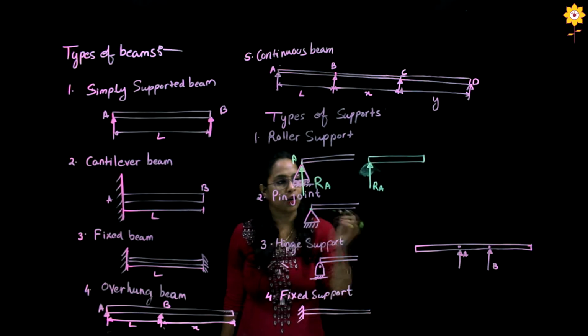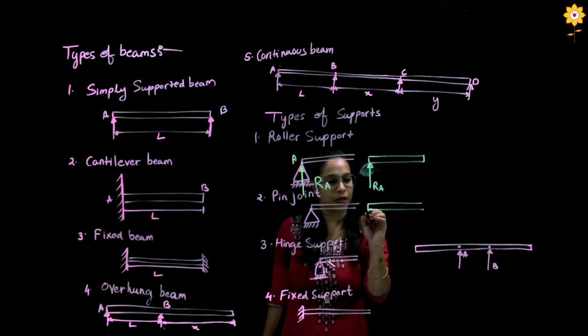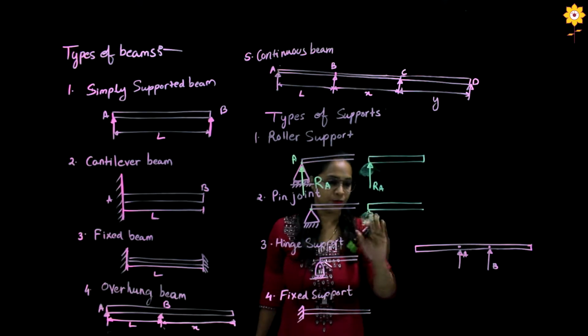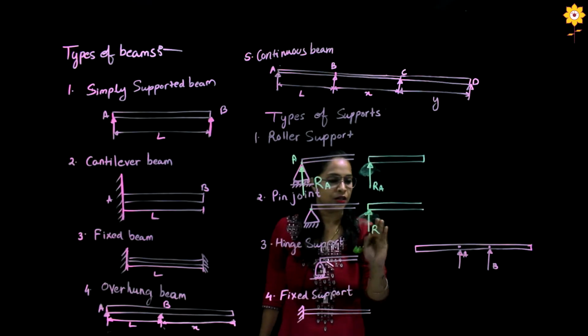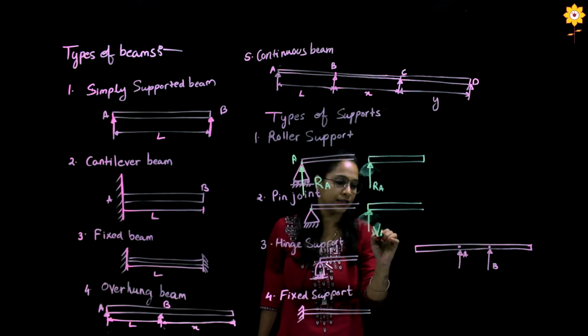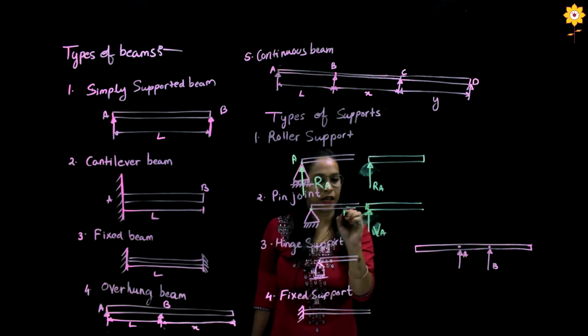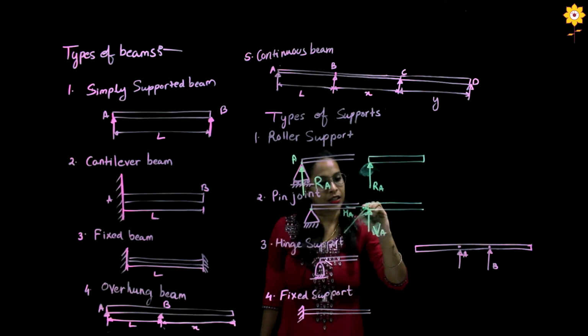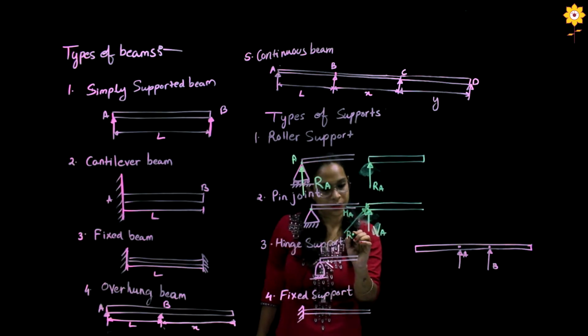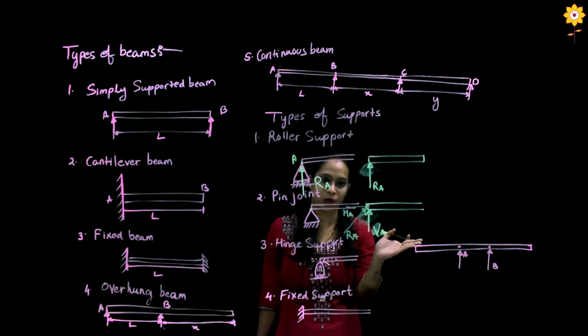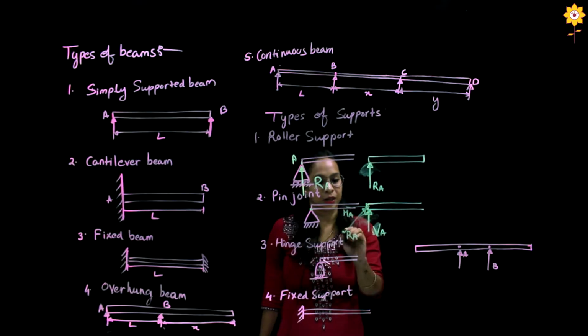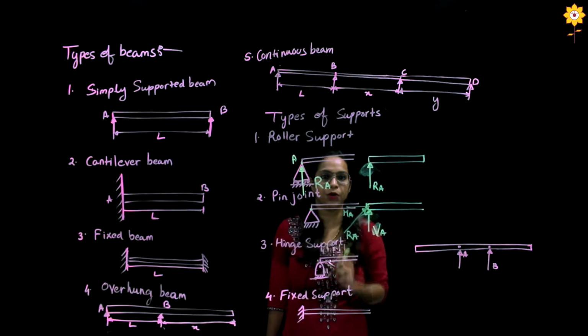When we remove this and draw a free body diagram for a hinge and a pin joint, we would get, let's say, VA and HA. The reaction acting on a pin joint is at an angle because it has a tendency to rotate, and because of this, the reaction acting on the pin joint or hinge joint is resolved into two components, one horizontal and one vertical.